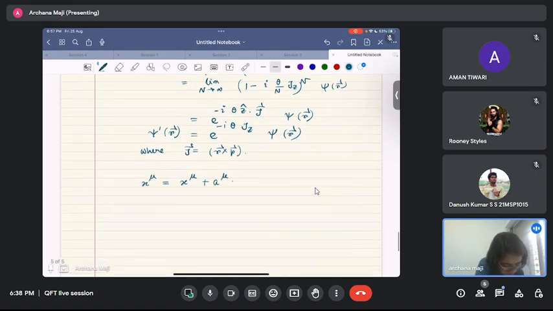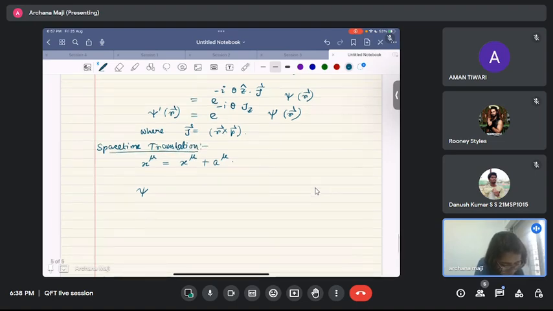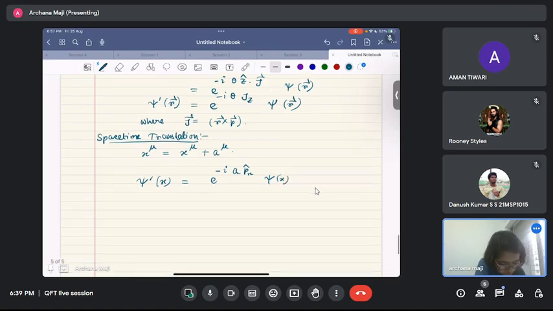Just like we obtained psi prime of x to be exponential of minus i a p x acting on psi of x, when you did this transformation, x going to x plus a.